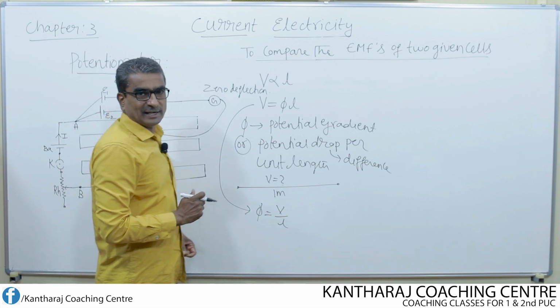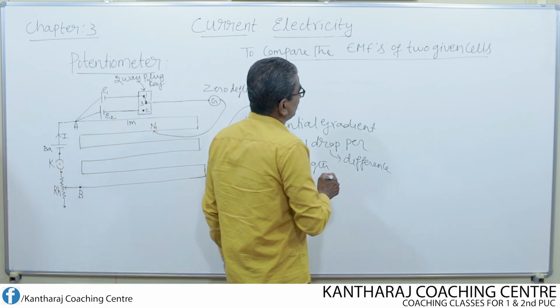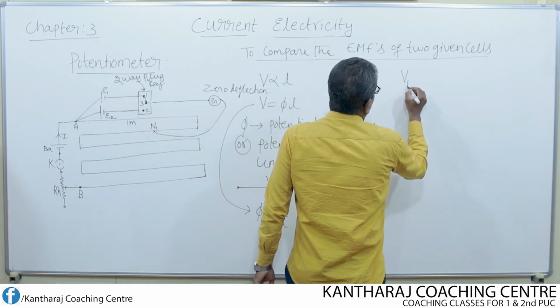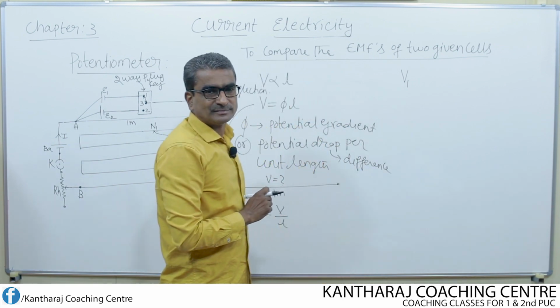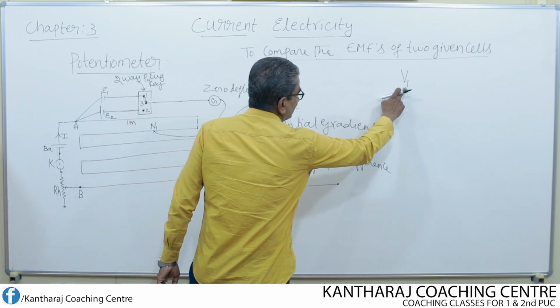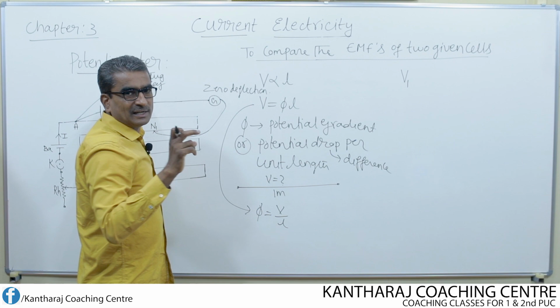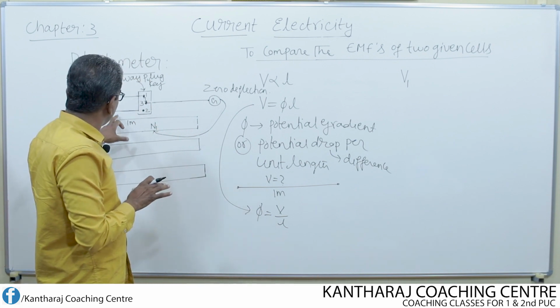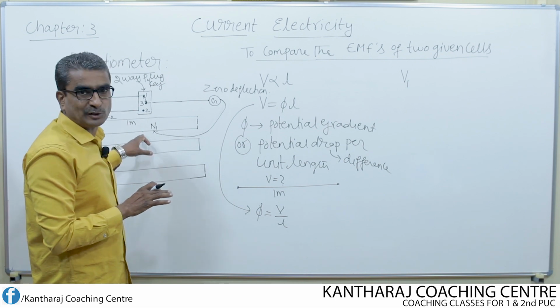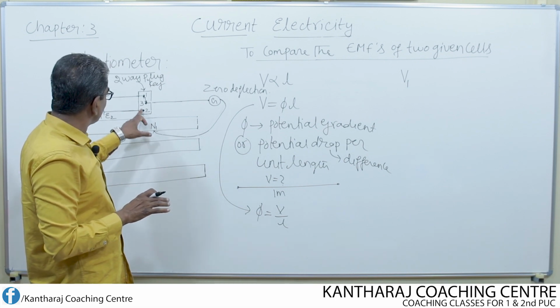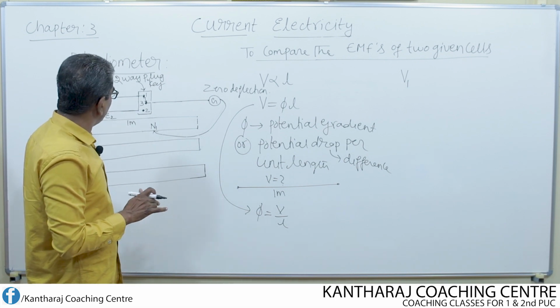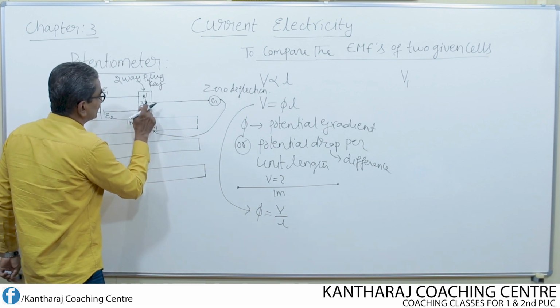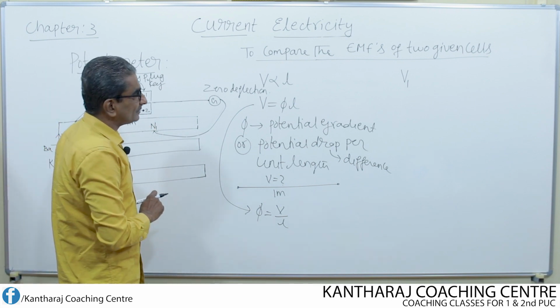According to the principle, let V1 be the potential difference. I use the subscript 1 to represent that I am making use of the first cell only. I have not connected the second cell into the main circuit because I have removed this key. The connection will be there, but this key is kept open.